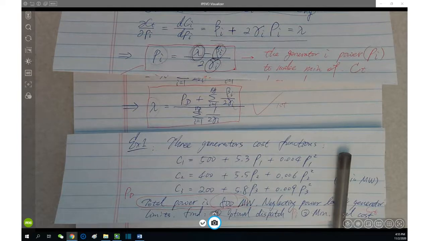Okay, the unit is a little bit tricky. All right, give you guys a couple more minutes. Let me see the solution here.